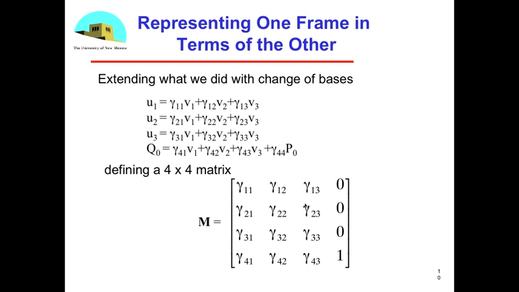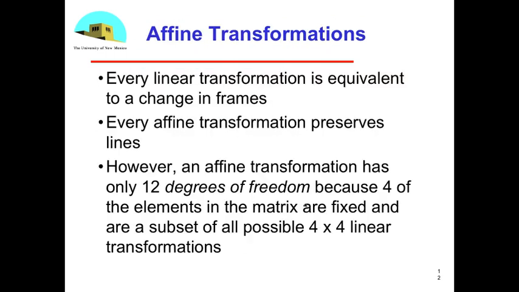This is special because we can only adjust 12 of the elements. But once we've said that, with 12 degrees of freedom, every affine transformation corresponds to a change of frames, and because of the only 12 degrees of freedom, it can be shown fairly easily that it preserves lines.